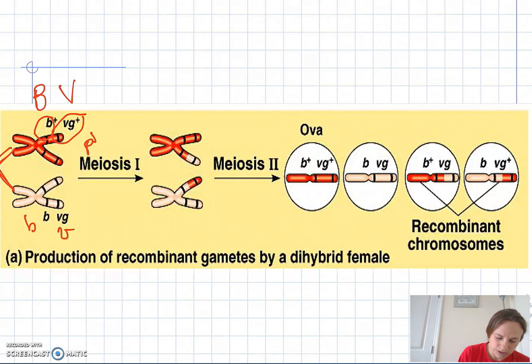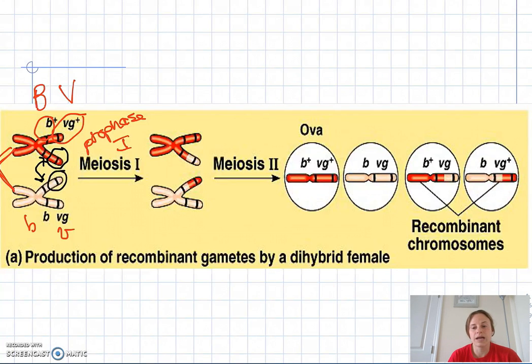Meiosis 1 occurs, and it's during meiosis 1 that prophase 1 occurs. And then during prophase 1, what happens is these non-sister chromatids between homologous pairs exchange alleles. I like to say they play footsie with each other.